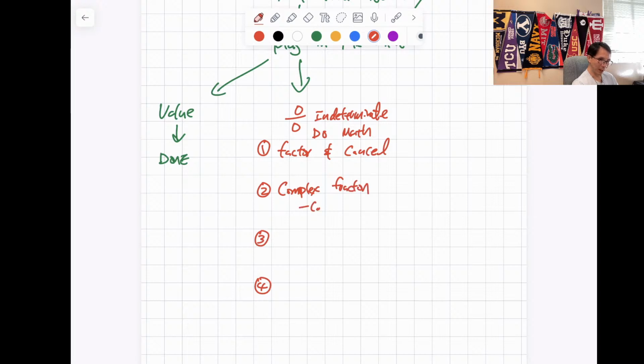Two, if you have a complex fraction, I will combine fractions. And the next thing I will do is, if you have a radical, I will do a conjugate. You're going to be like, what is conjugate?